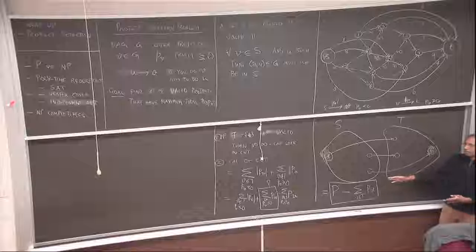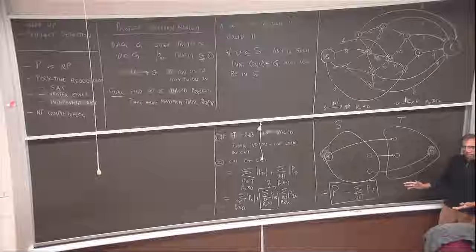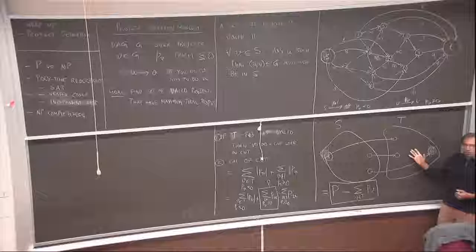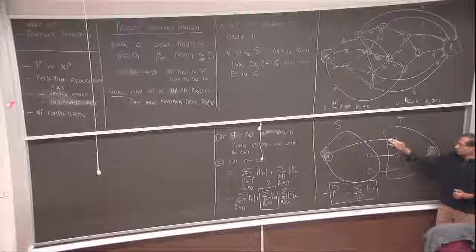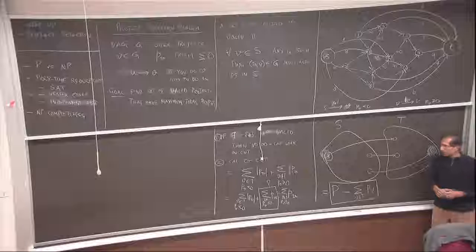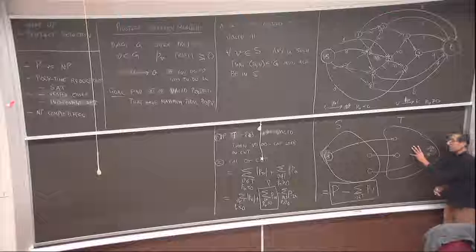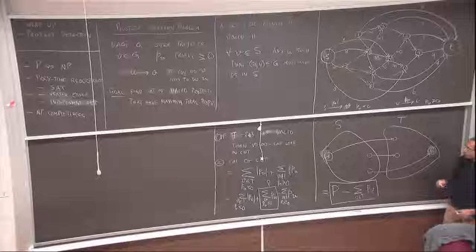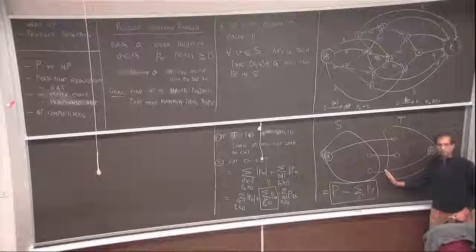So this translation has told us that, and by the way, this is a feasible set, right? This is a valid set. If there were no infinity weightages, basically, it has told us that if you give me any valid set, its profit would be exactly equal to P minus the capacity of the cut.